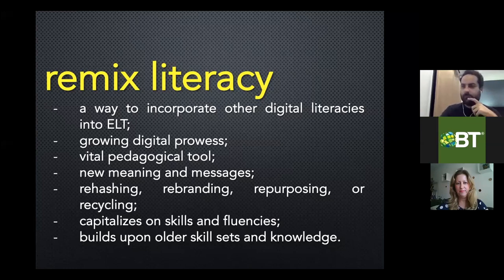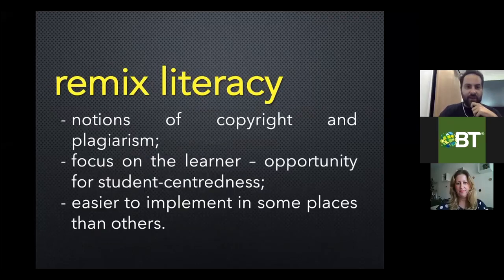Okay? So here, as I said, notions of copyright and plagiarism. It also gives them student-centeredness because we give them an opportunity to show their points of view using other media they find online.